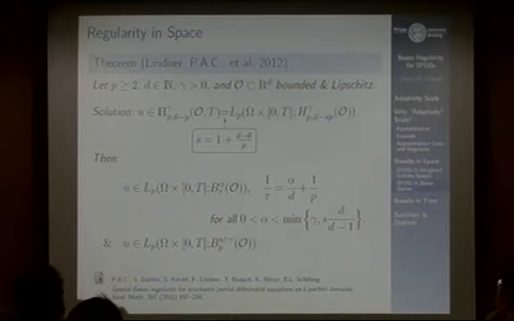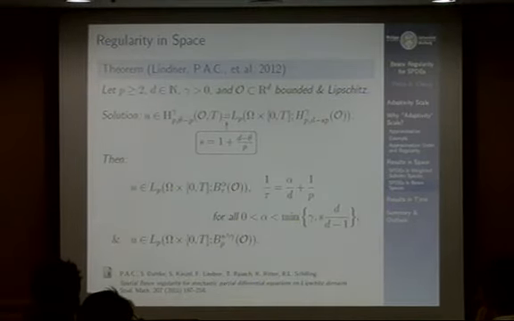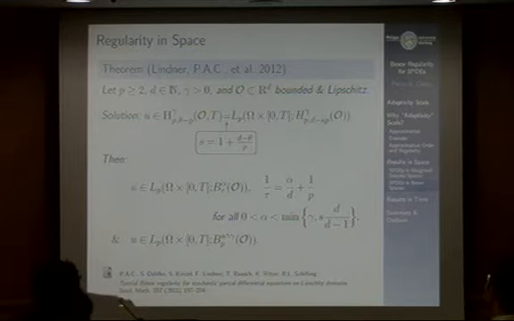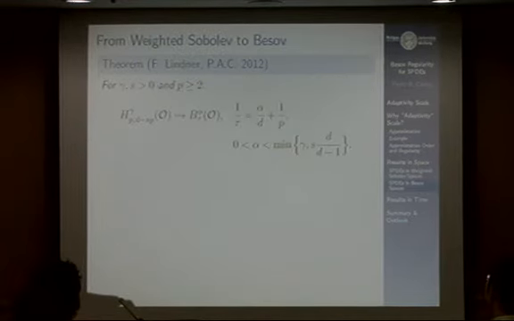Now, how did we prove this? We actually didn't use the equation. We just proved that these spaces are embedded in these spaces. So we could prove this result, that weighted Sobolev spaces are embedded in the adaptivity scale for all alpha in this range.